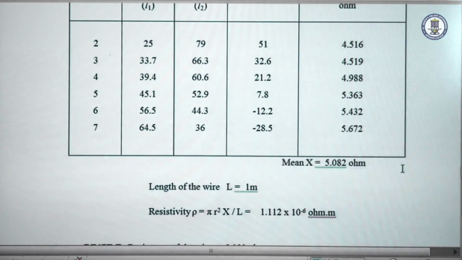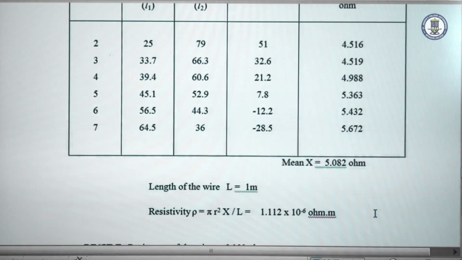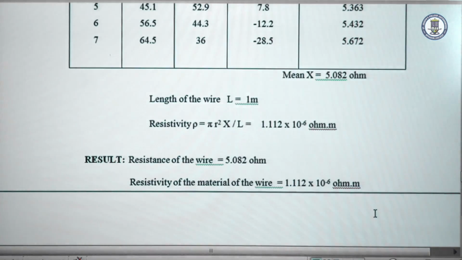We obtain 5.082, and the given coil of wire has a length of 1 meter. We already determined the radius, and that radius is substituted. Then the resistivity pi r square X by L is calculated as 1.112 into 10 to the power of minus 6 ohm meter. So that is the result. The resistance of the wire is 5.082 ohm and the resistivity is 1.112 into 10 to the power of minus 6 ohm meter.